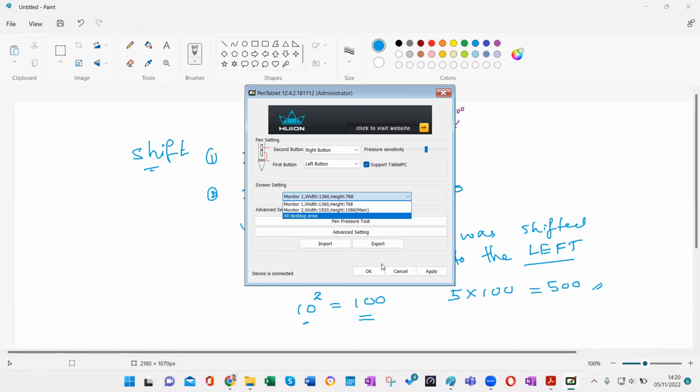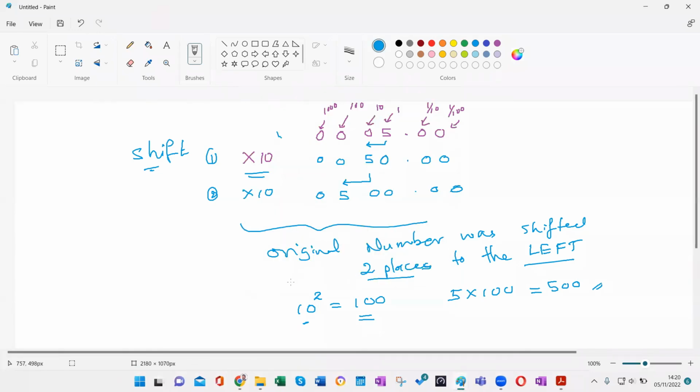Okay, now answer this question. I am moving it to the left, 3 places to the left. What will happen to the original value? This 5, I am going to shift it 3 places to the left straight away.